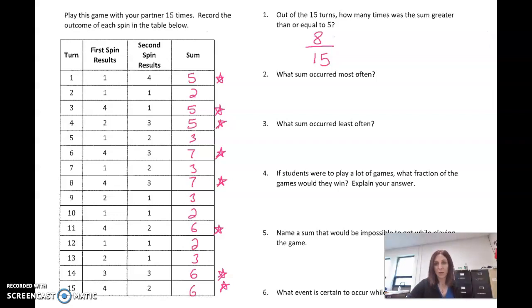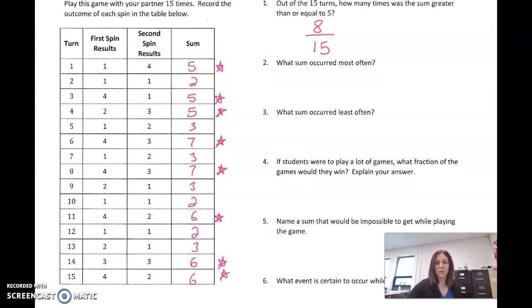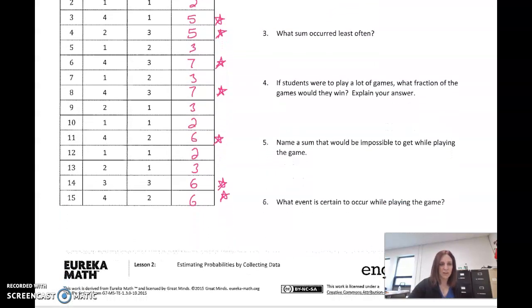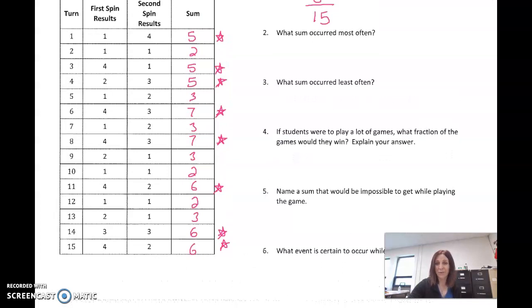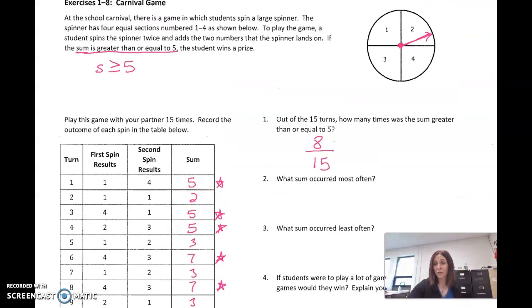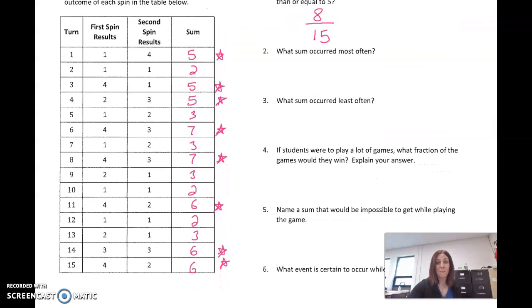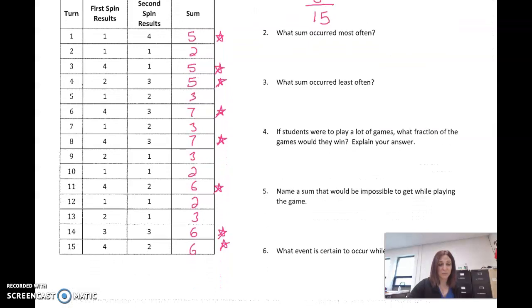Now, what sum occurred the most often? There are different ways you can represent this. Maybe we could ask, what were the possible sums that we could get? Remember, we can get 1, 2, 3, or 4, but we do it on 2 spins. So the smallest we can get is 2, and that occurred 3 times. Then we could get a 3.